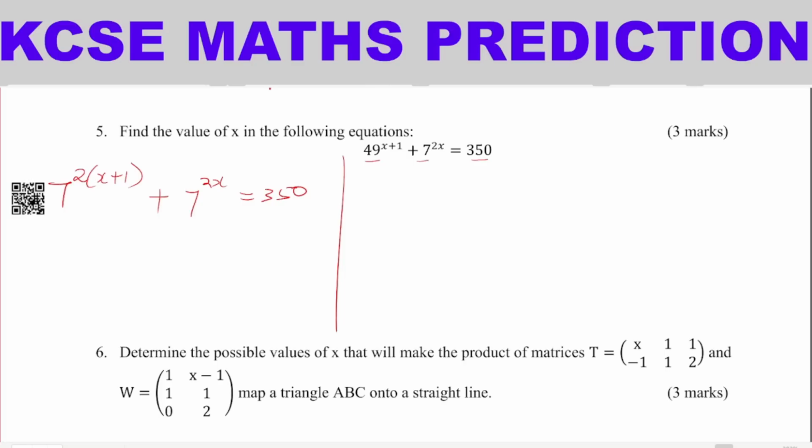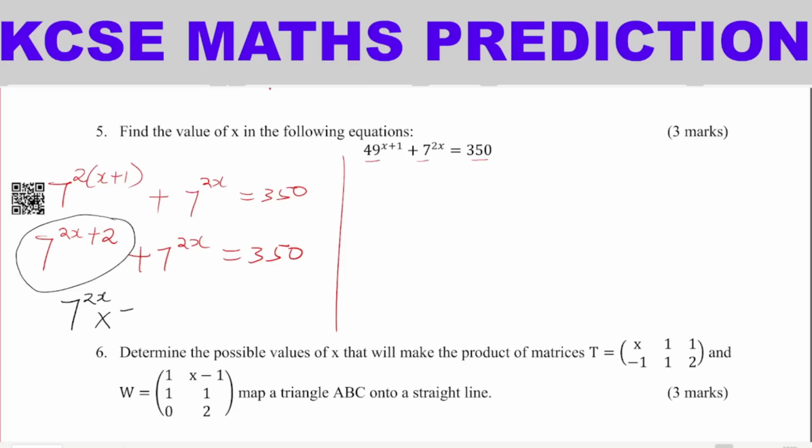Once you've done that, this will give 7 raised to power 2x plus 2, plus 7 raised to power 2x is equal to 350. So I want you to look at these. You can split this one. This is the same as 7 raised to power 2x multiplied by 7 raised to power 2. That is the same as 7 raised to power 2x plus 2. And then plus 7 raised to power 2x is equal to 350.